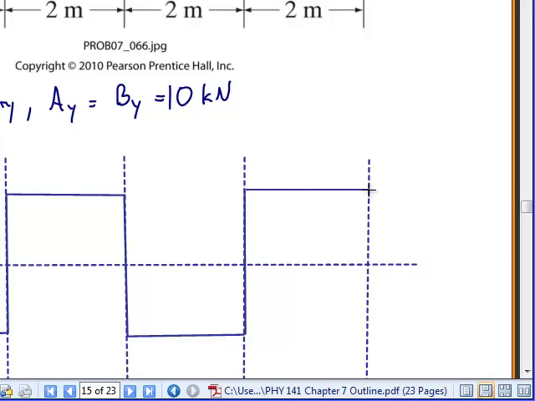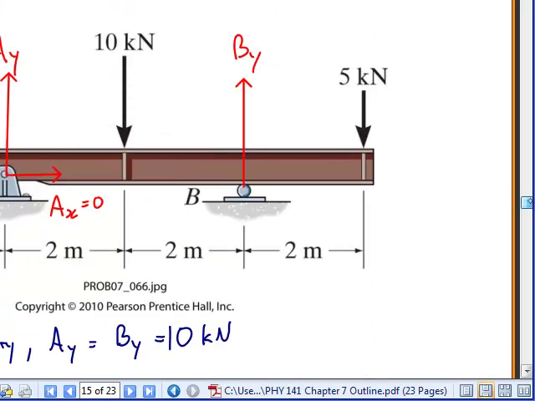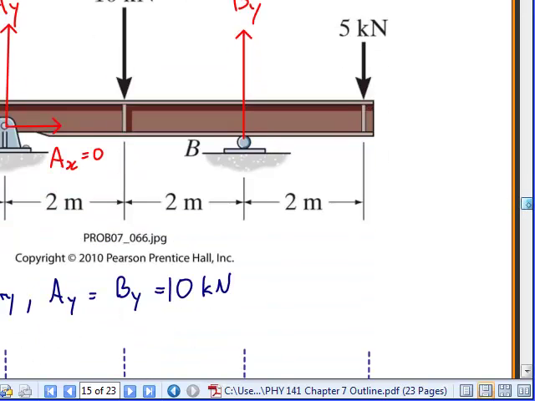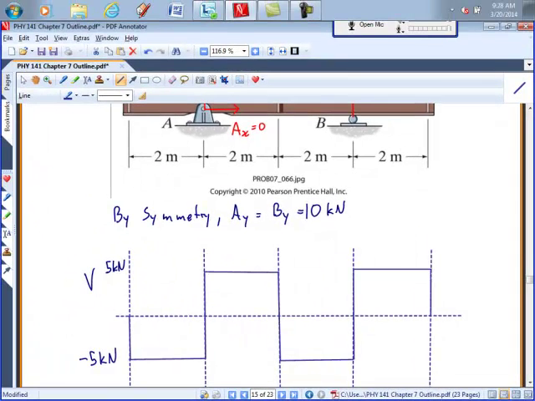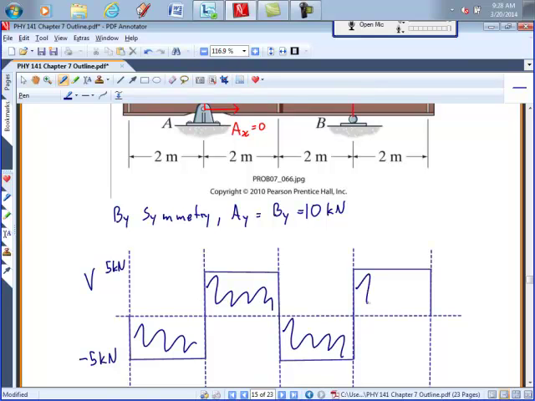Stays at plus 5 over to the right edge of the beam, and then there's a point load of 5 kilonewtons, negative 5 because it's downwards, so it goes back to 0. There's my shear diagram.